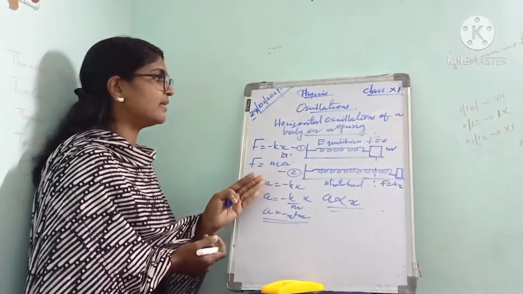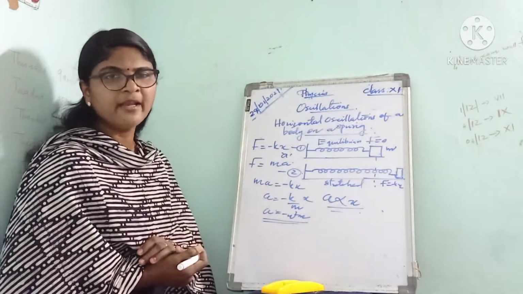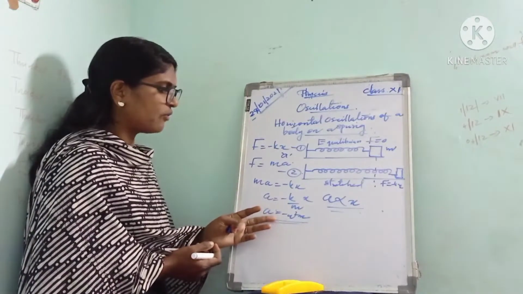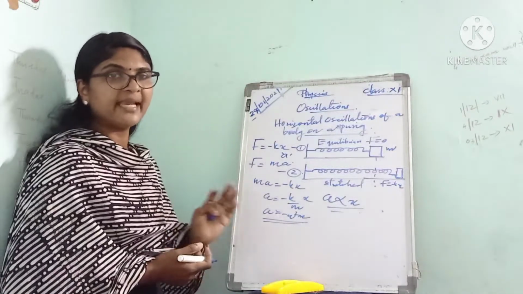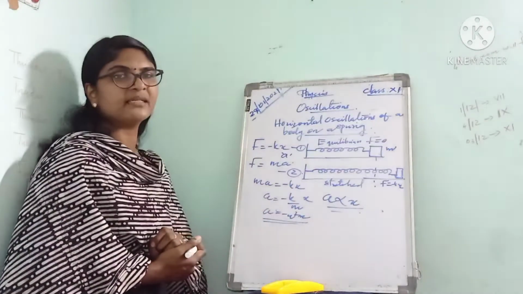This again confirms that the horizontal oscillation of a body on a spring is an example of simple harmonic motion.